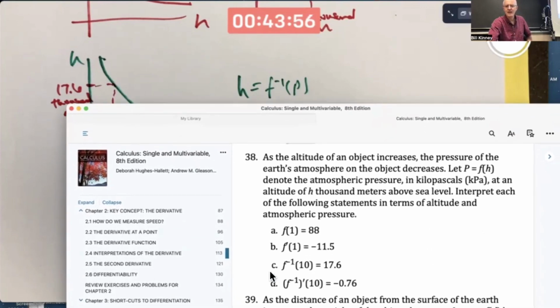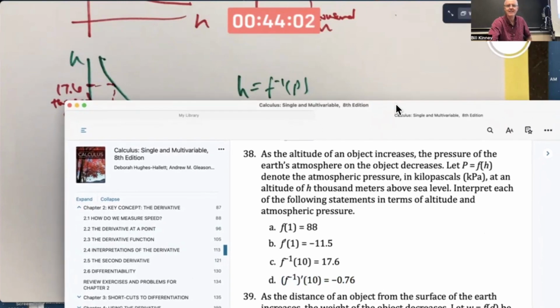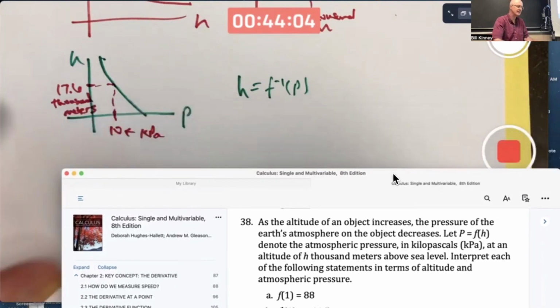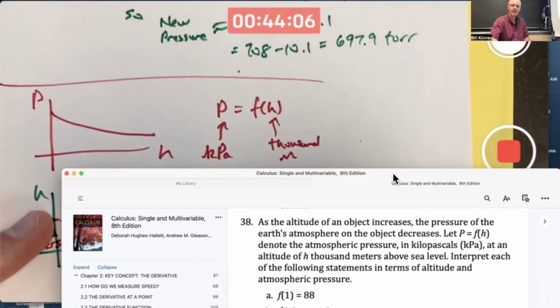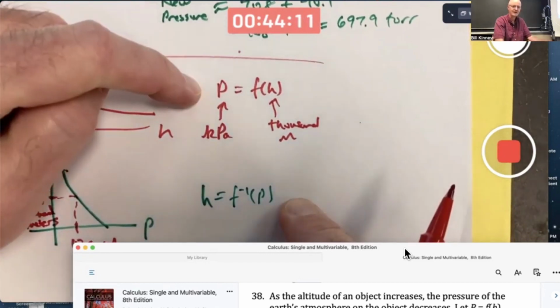What about the derivative? F inverse prime of 10 equals negative 0.76. Because it's the inverse function, it's this one, not this one.